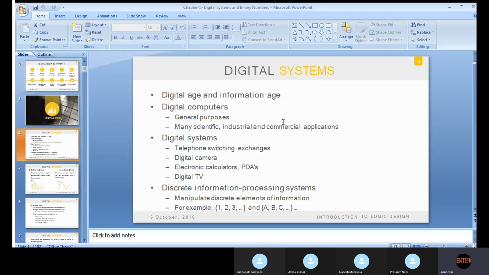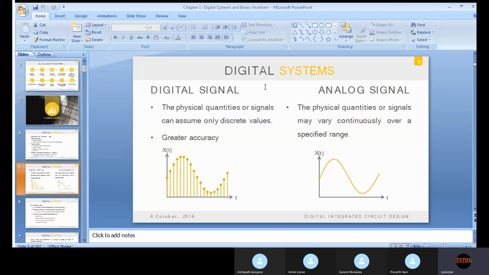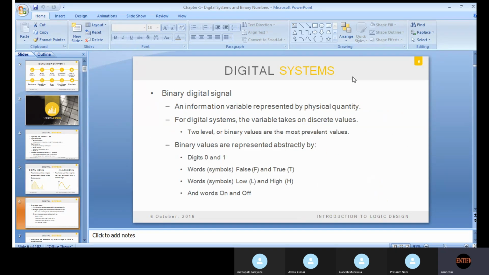Digital computers are general purpose, with scientific, industrial, and commercial applications such as telephone switching exchanges, digital cameras, electronic calculators, PDAs. A digital signal means greater accuracy, while an analog signal may vary continuously over a specified amount of time.